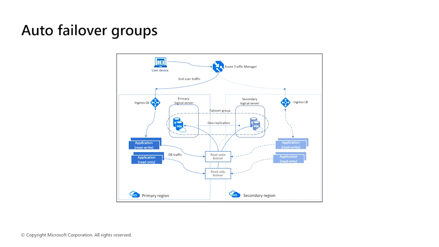By default, the read-only traffic is disabled during a failover to keep things running smoothly, but you can enable it if needed. One component to take note of is that the secondary database is created automatically through a process called seeding, and this can take some time depending on the size of your database. So we need to plan for that.